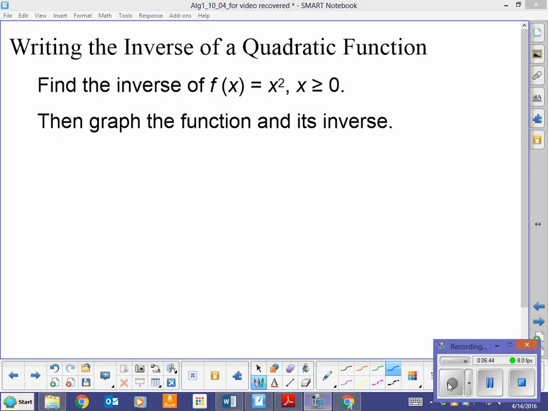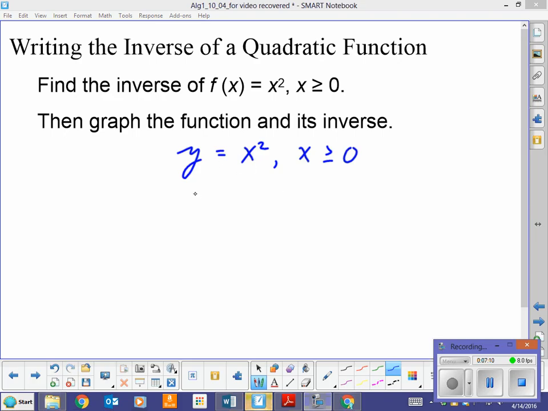the quadratic function. Okay, we're going to do the same thing here. I'm going to set this equal to y. So y equals x squared, and we're being constrained here so that x has to be greater than or equal to 0. So I'm going to switch these around.